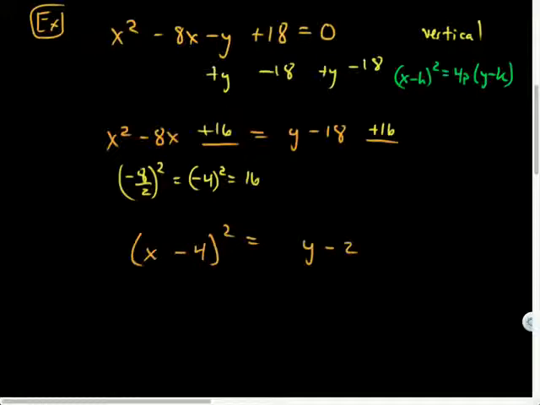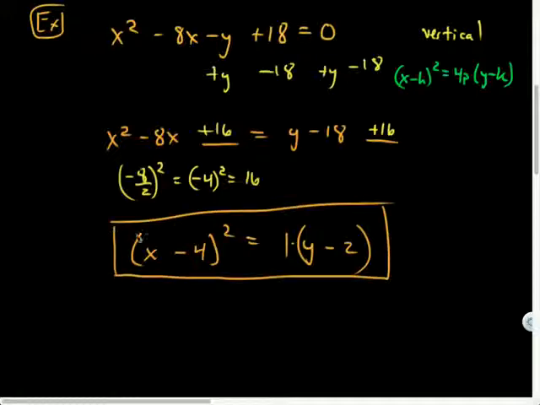Now, if y happened to have a coefficient out front, I would have to factor it out of both terms, because the leading coefficient for my binomial has to be 1. Notice it's a 1y right here. In this case it's just a 1, so this would be my standard form.